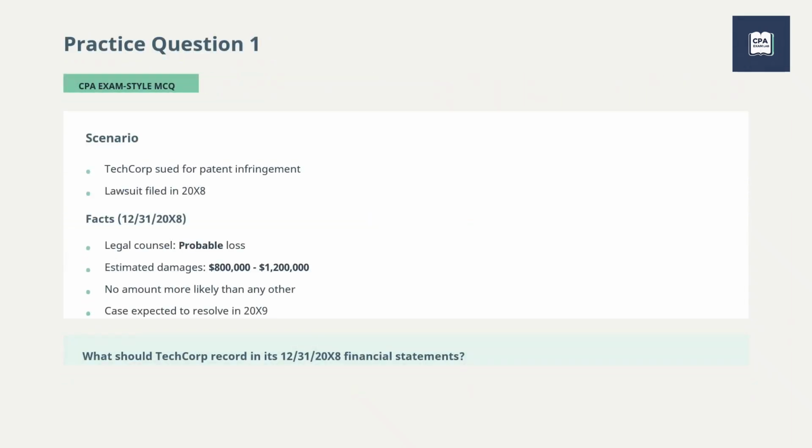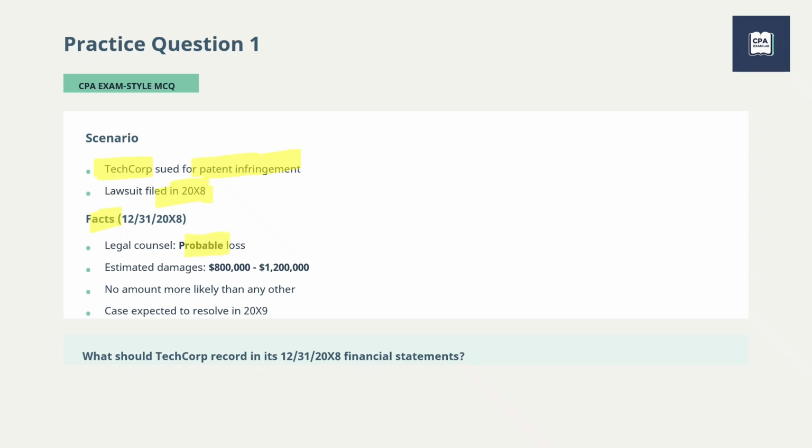An example: you might see a multiple choice question which starts something like this. Our company is Tech Corp. We are sued for patent infringement. They filed a lawsuit in year 8. At the end of year 8, here are the facts. We contacted our legal counsel. He said probable loss.